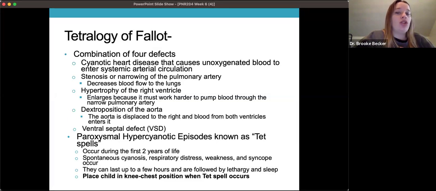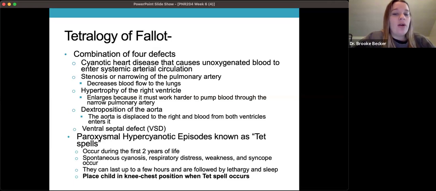They'll become more distressed with their work of breathing, have more weakness, and they may even pass out, okay? Can last up to a few hours, potentially. And then they're going to be really lethargic and really sleepy after these TET spells, because it's a huge demand on their body, on their heart, okay?